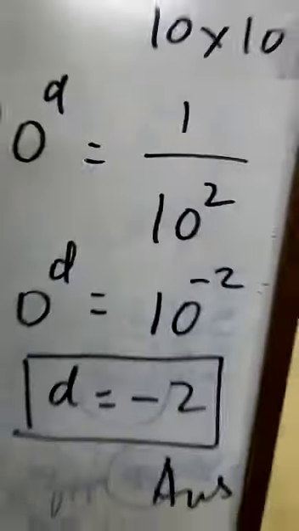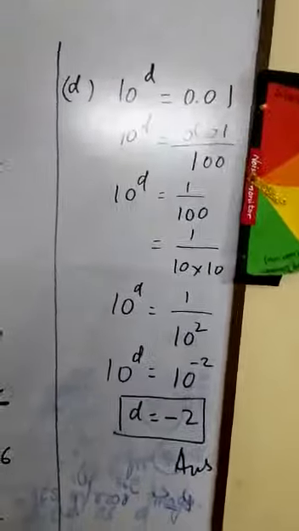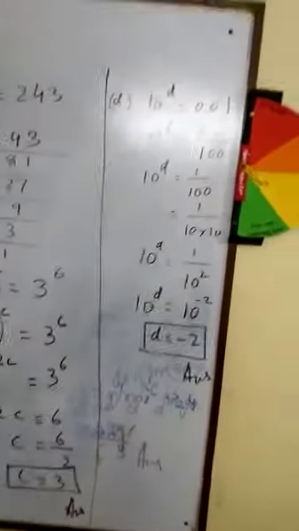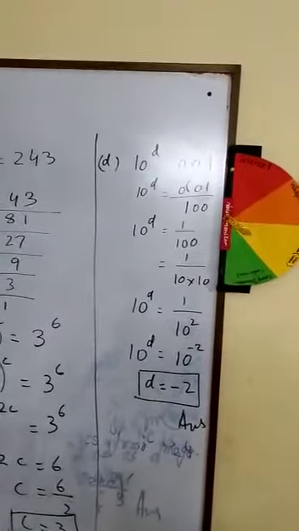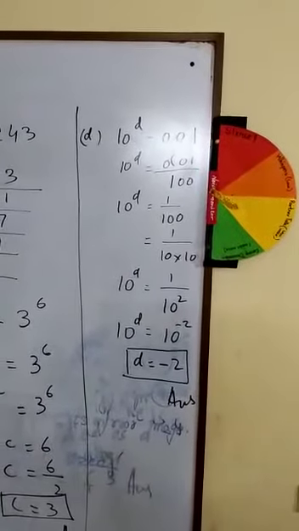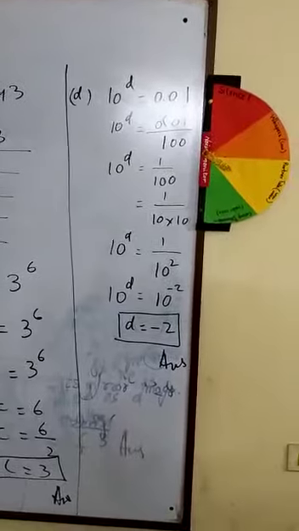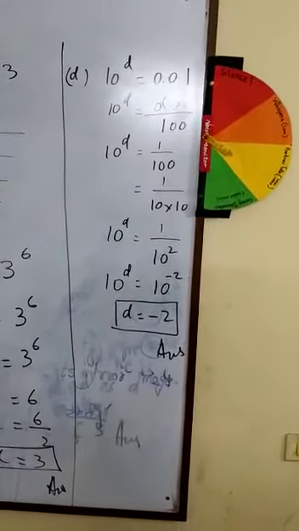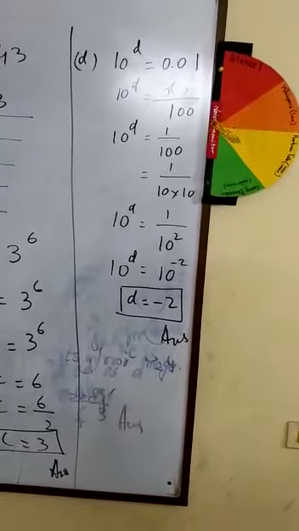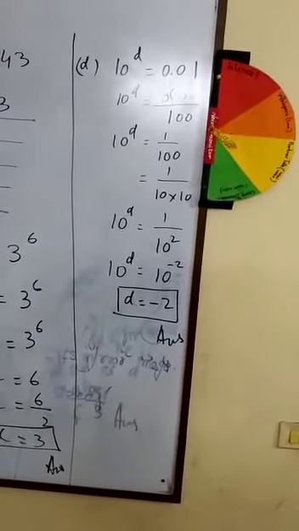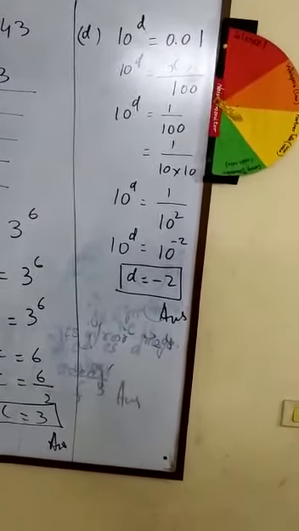Now this question was looking like it was very difficult, right? But actually it is not. See, there is a decimal fraction, that will be converted into a common fraction, and after that the 100, which is your denominator, will be converted into 10 into 10. Then 10 into 10 means 10 to the power 2.